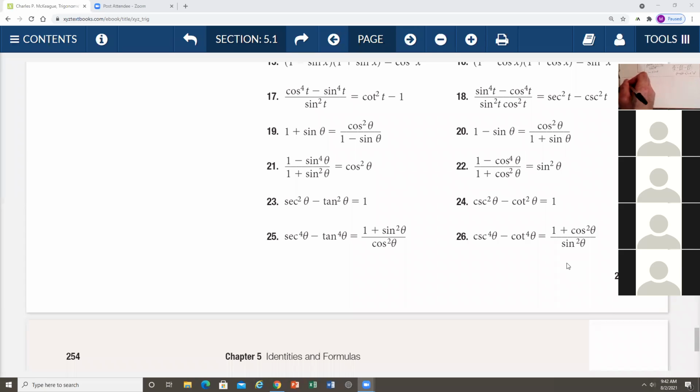They want us to prove that the cosecant squared of theta minus the cotangent squared of theta equals 1. And obviously you probably want to work with the left side.